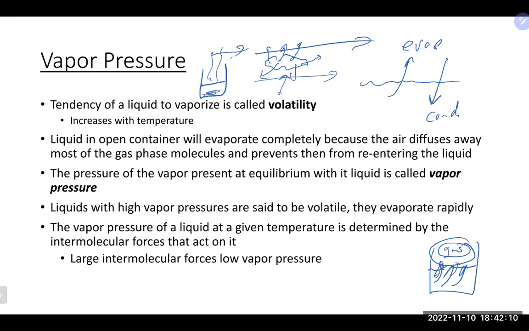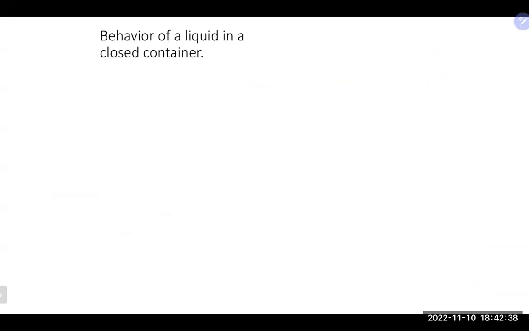Under normal conditions, you won't get much going into the gas phase, so there's not as much gas over the liquid and the vapor pressure is lower. Compare that to those organic molecules held together by weak dispersion forces: you just look at them wrong and they get away from each other. That creates a lot of gas over the liquid, so it is much more volatile and has a higher vapor pressure.